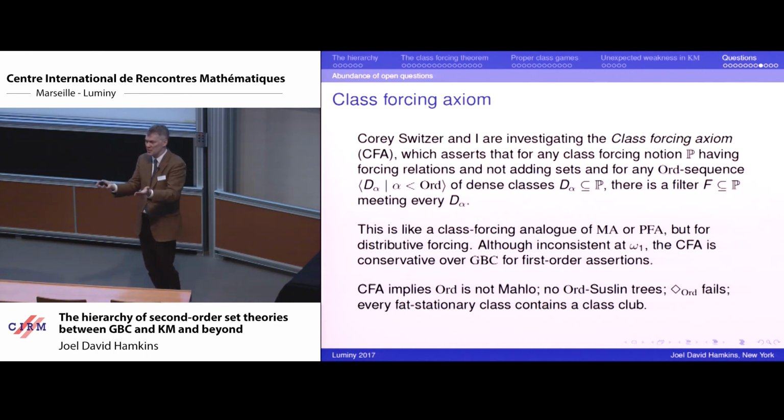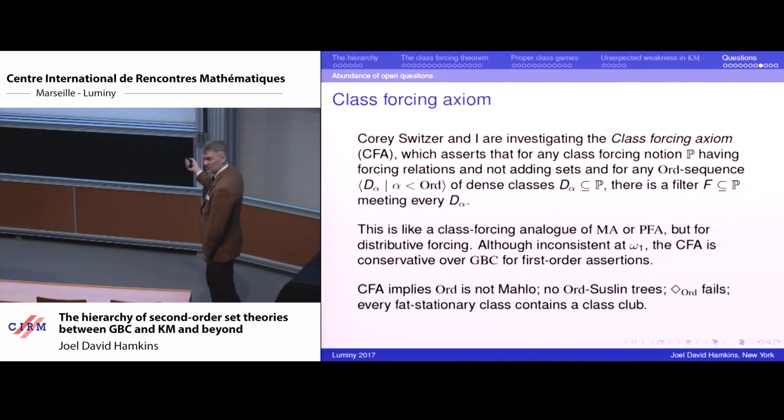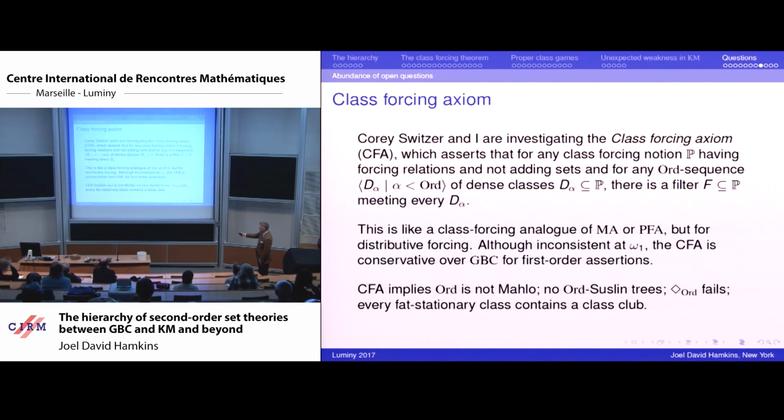You can't have filters for both of those. But in the class case, you can have it. It's consistent with GBC. And it has many interesting consequences. ORD is not Mahlo, no Suslin trees, diamond fails. Every fat stationary class has a club already. So that seems to be quite interesting.